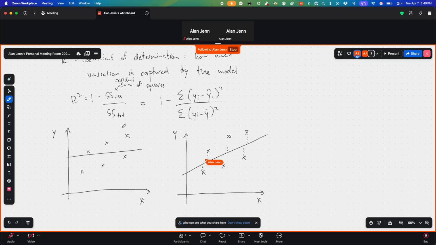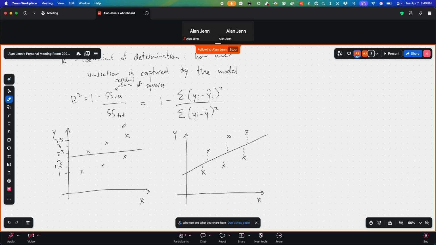The first one is all you do is, let's say this is 1, 1.5, 2, 2.5, 3, 3.5. You just literally add 1 plus 1.5 plus 2 plus 2.5 plus 3 plus 3.5 divided by 6. What is the average value of y's? So you take a flat horizontal line. You're basically saying, how does my fit compare against just the average values? That's what the R-squared is telling us.